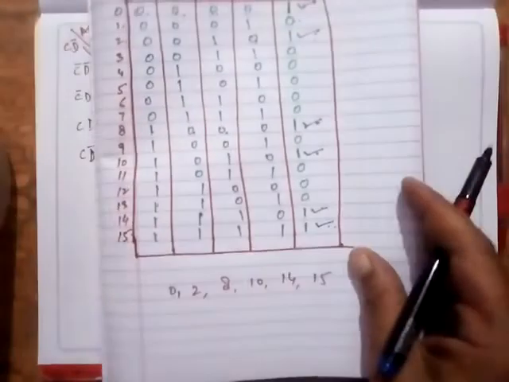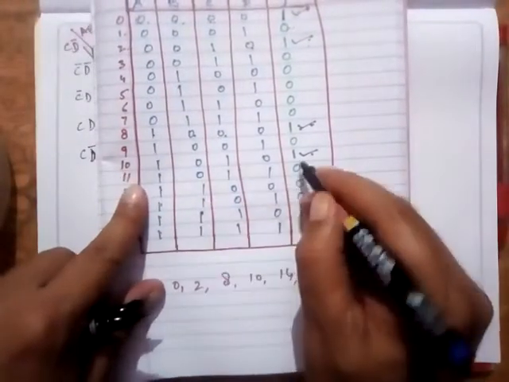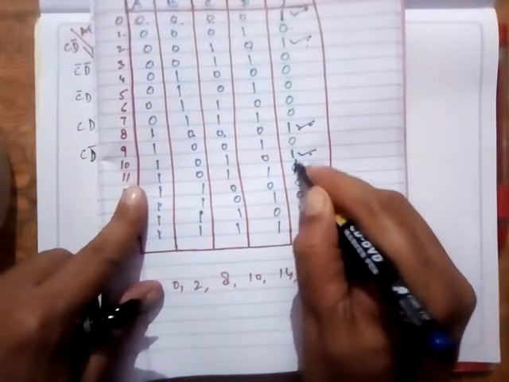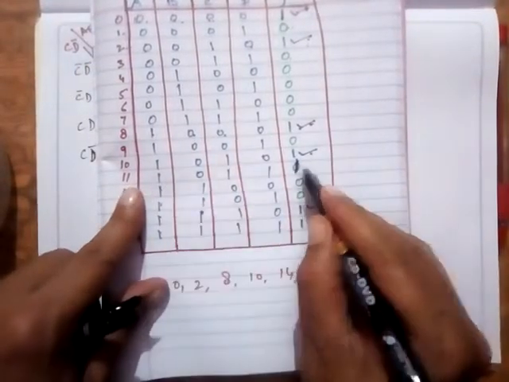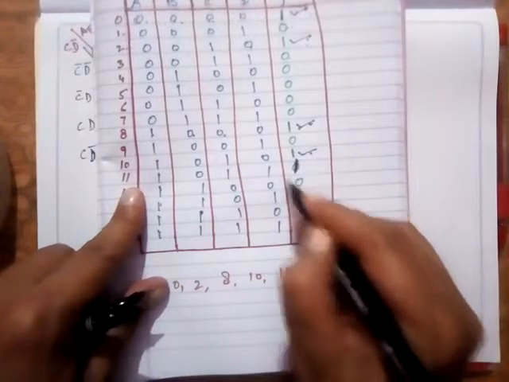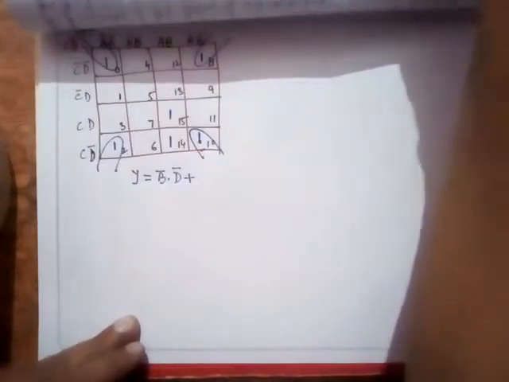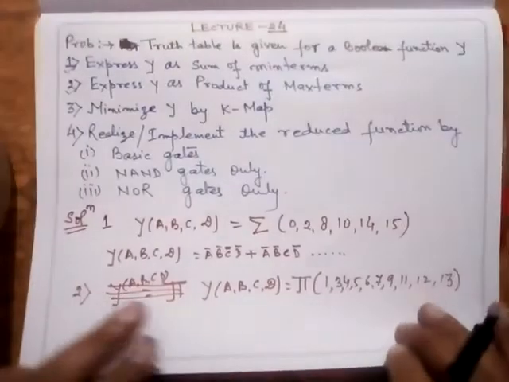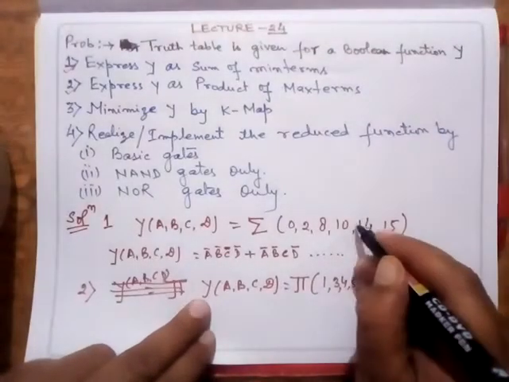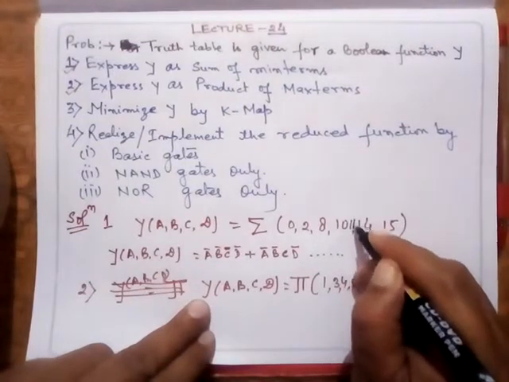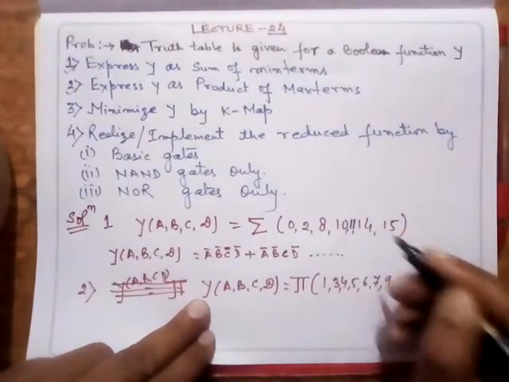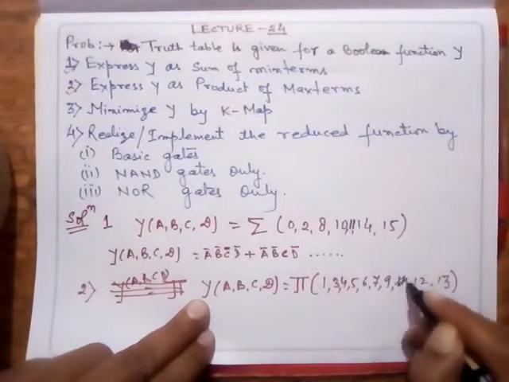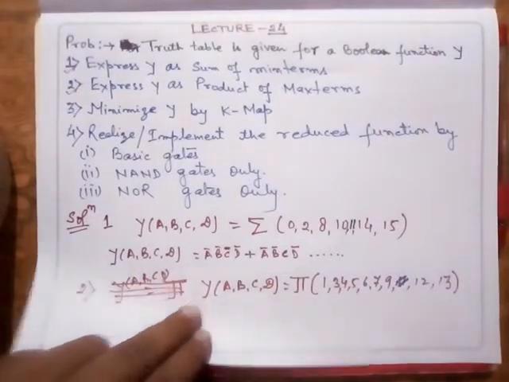I'm changing the problem a little bit just for simplicity. So at 11 also it is 1. I'll introduce an 11 here, please make this change. I hope this is clear to you.